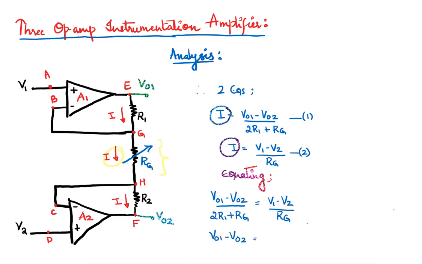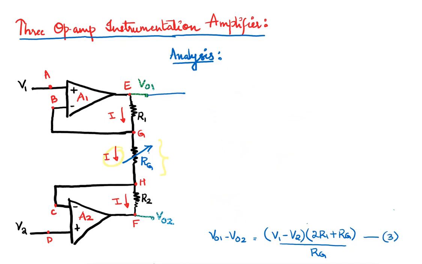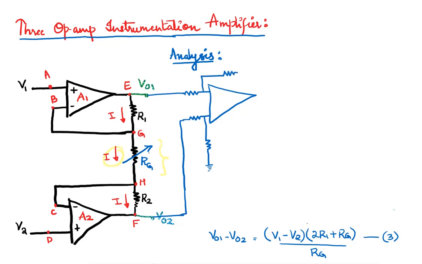You can see V out 1 minus V out 2 is equal to V1 minus V2 into 2 R1 plus Rg divided by Rg. I am going to denote this equation as equation number 3. I am redrawing the main part of the circuit so that you can better understand whatever we have analyzed just now.